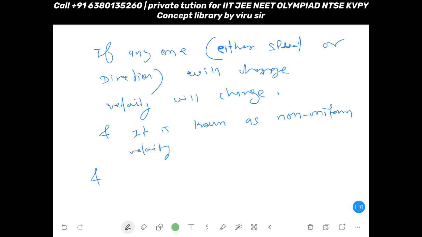And this kind of motion is known as non-uniform motion.